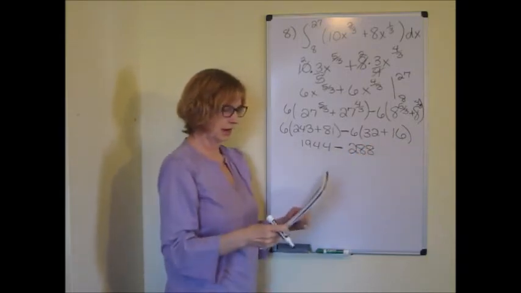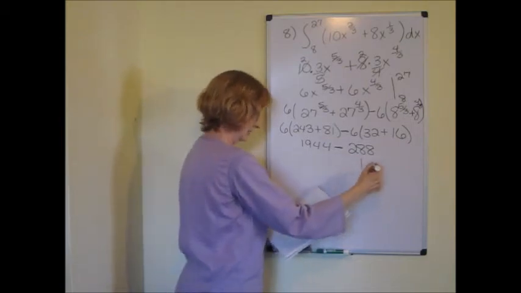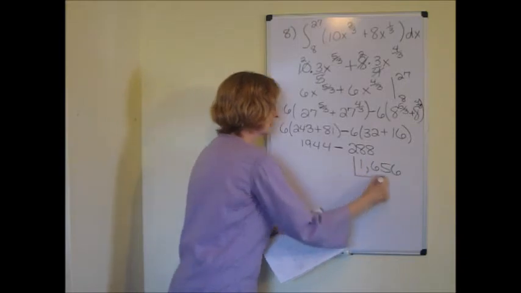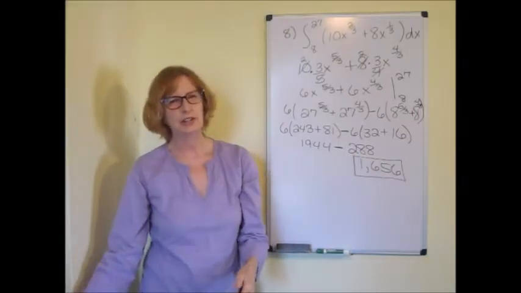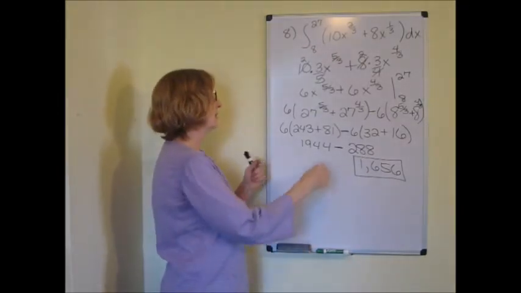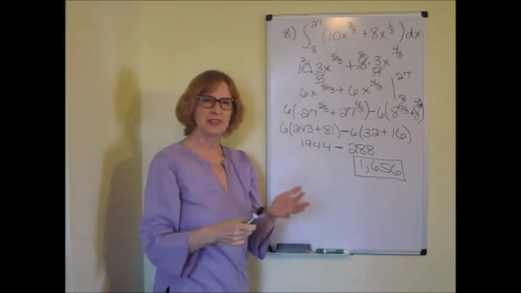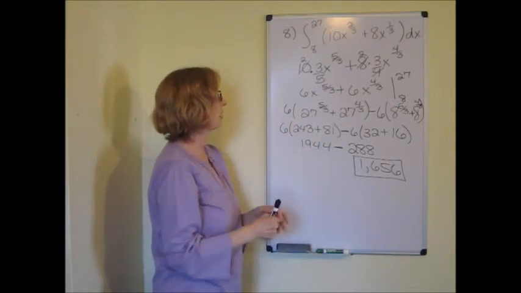And when I subtract that, I get 1,656. So really the main thing here is making sure you're plugging things in carefully. Remember that for a fractional exponent, the denominator is the index on the radical, and so then you can work that out.